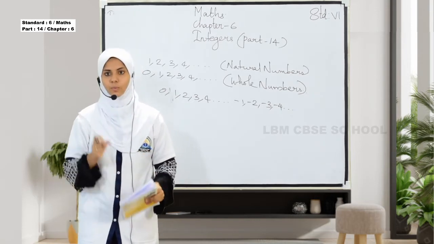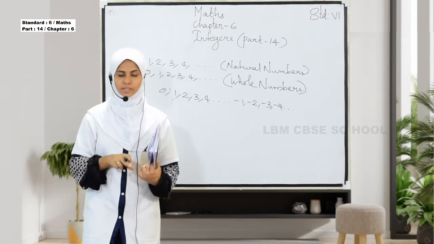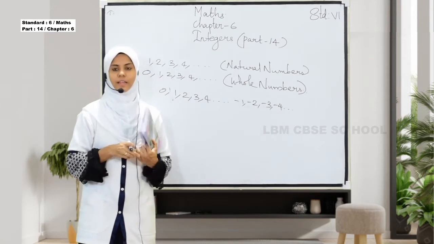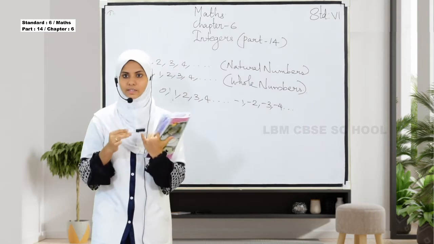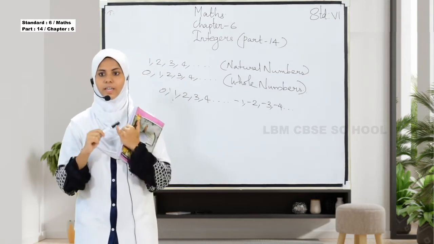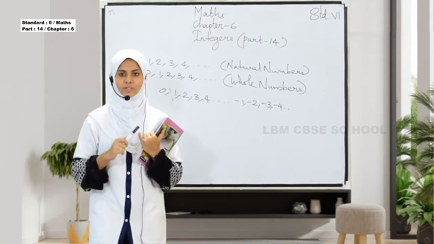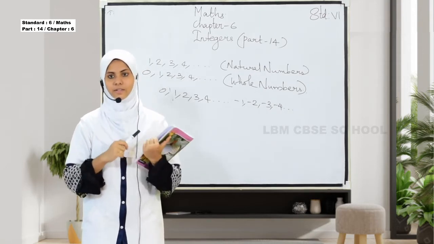Okay, the numbers 1, 2, 3, 4, etc. are called positive integers, and -1, -2, -3, -4, etc. are called negative integers. So in this class we are studying about a new term, that is integers, and we have two types of integer, positive integer and negative integer.